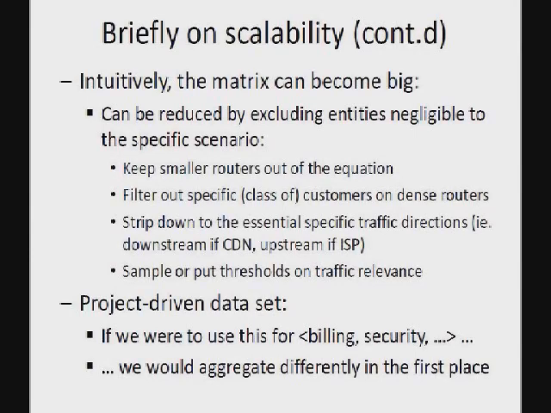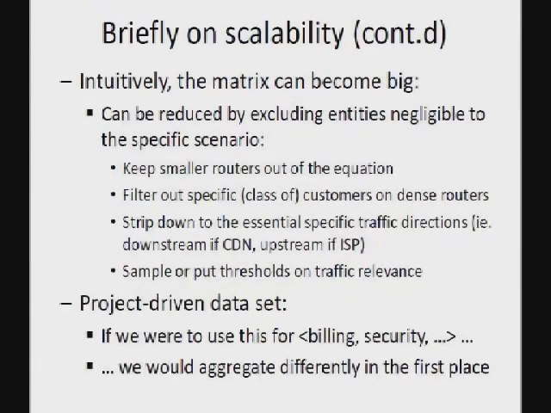You can also filter out a specific class of customers. Maybe you have a very collapsed network, so you are already running everything on very big boxes, but you can still strip out serial customers or things like that. And then you can also strip down things which are not essential to your specific scenario.